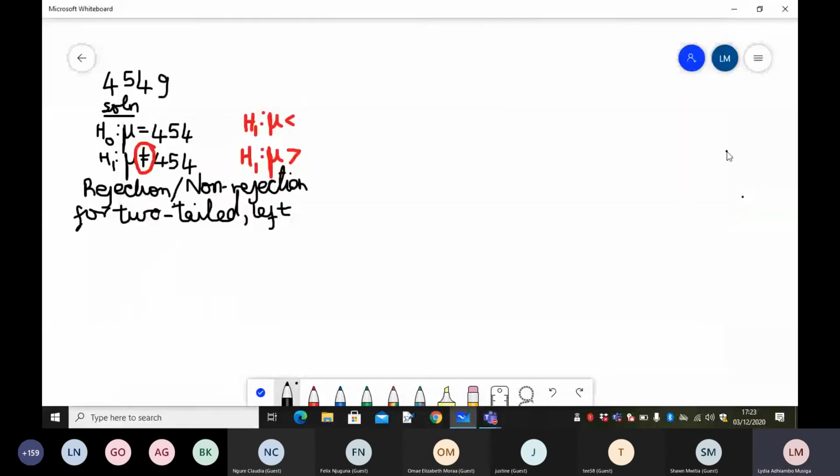So going back to our whiteboard, now we want to look at examples. In the first example, we want to perform a one mean Z test.